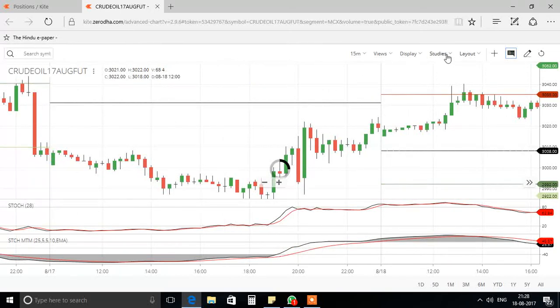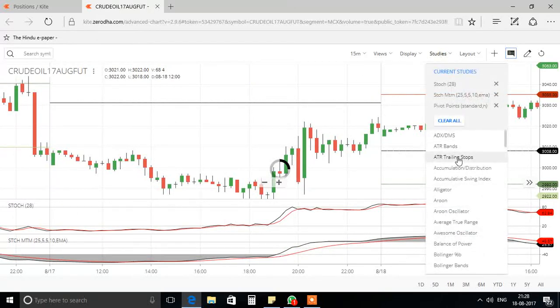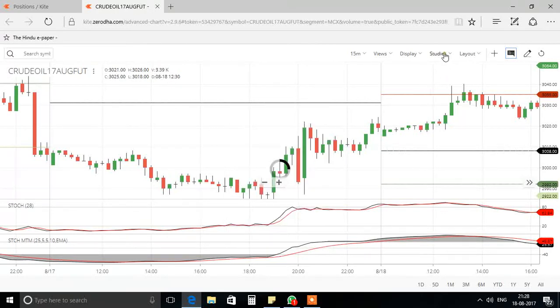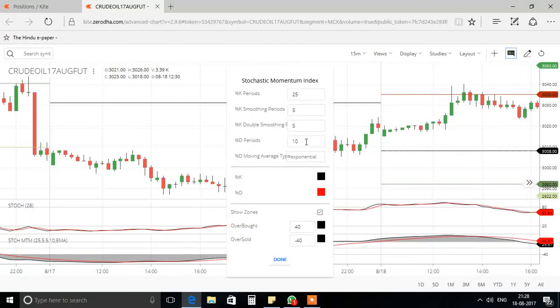Now if you look at my settings, these are the settings that I have. One is stochastics with a period of 28, and all the other values remain the same. Then I am using stochastics momentum, with settings 25, 5 and 10.